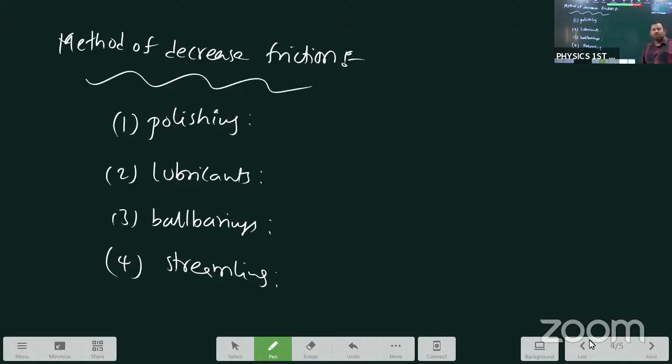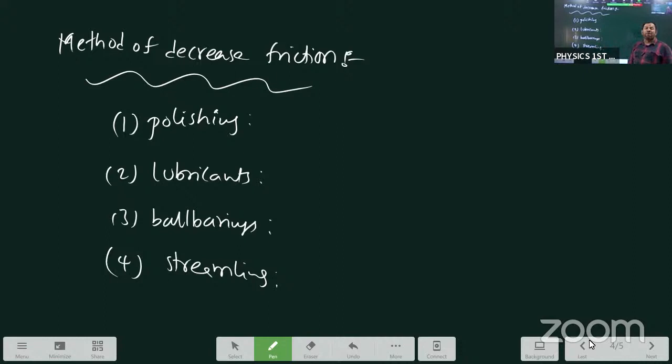One more: decreasing methods of friction, reducing methods of friction. 4 marks question, 4 side headings, 4 points. First point, polishing. You can write in any order. In this one, no order. You write any 4 points. Your choice. You can even begin by writing streamlining. No problem.